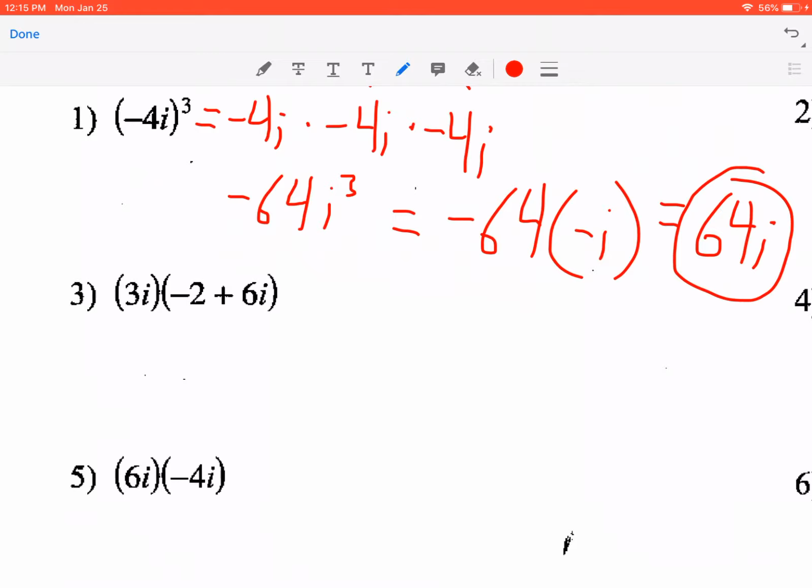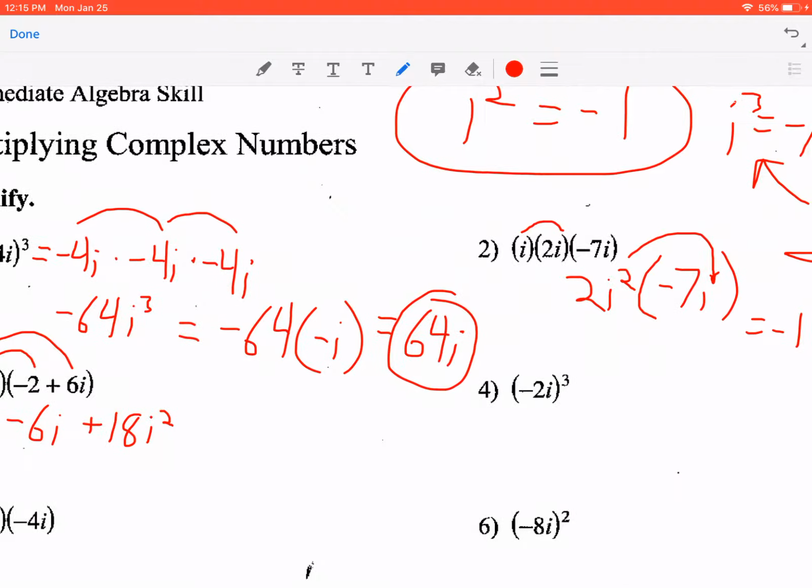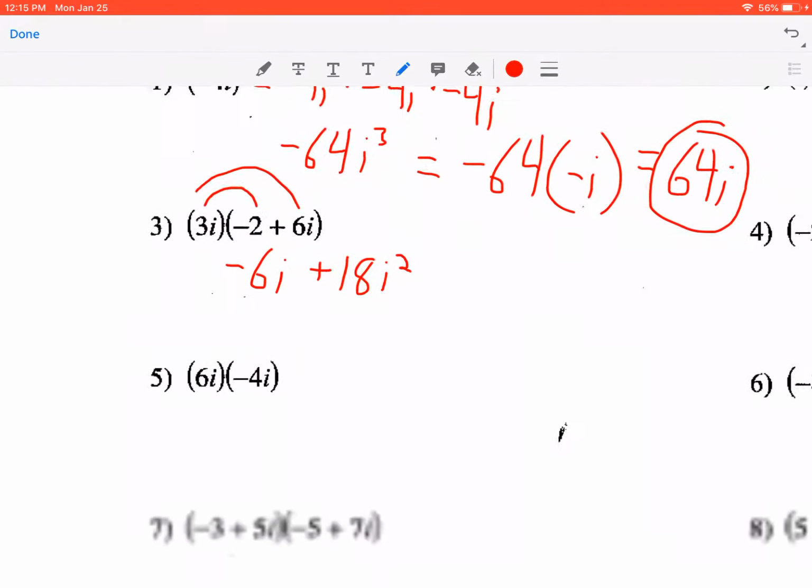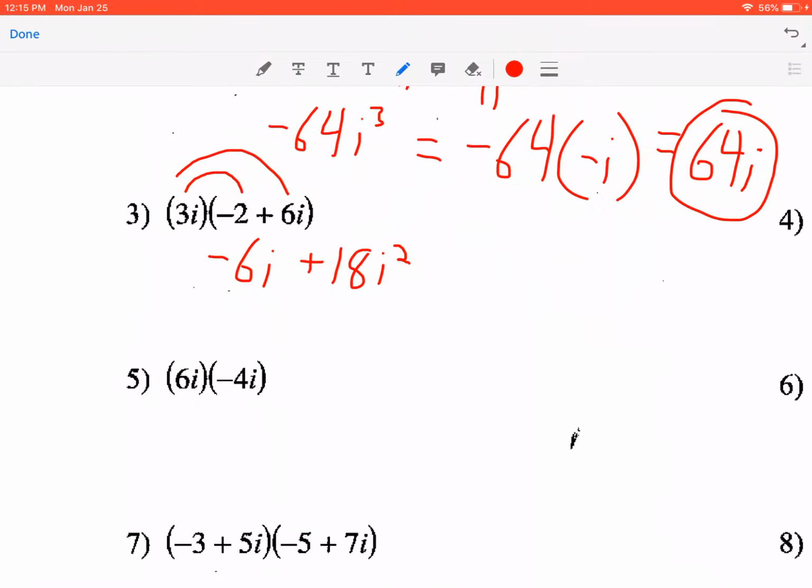All right, let's go to number 3. This is distributive property. So 3i times a -2 should be a -6i. 3i times a 6i should be plus 18, but what's i times i? i squared. Again, what was i squared always equal to? -1. So this is really 18 times -1, so this is really just -18.